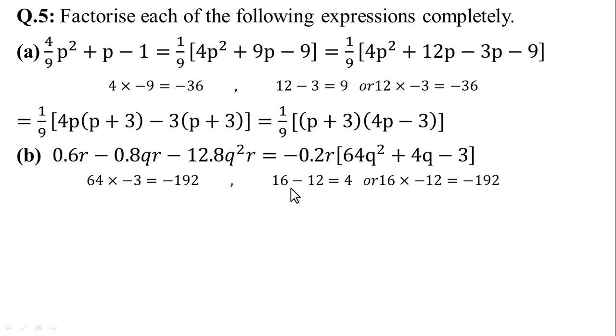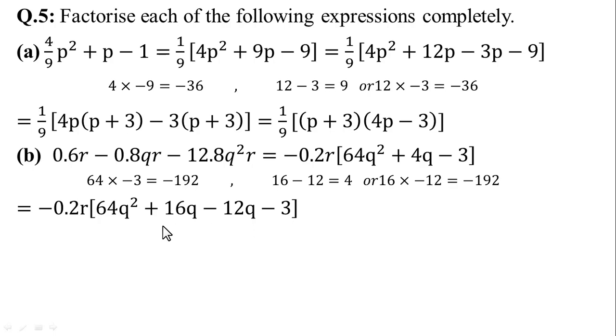So we have 16 minus 12 is equal to 4, and 16 multiplied by minus 12 is equal to minus 192. Then we can write minus 0.2r into (64q squared plus 16q minus 12q minus 3).